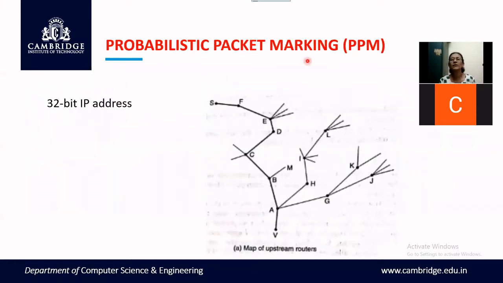So first is the probabilistic packet marking method. Say this is your network. Every IP address is a 32-bit address.